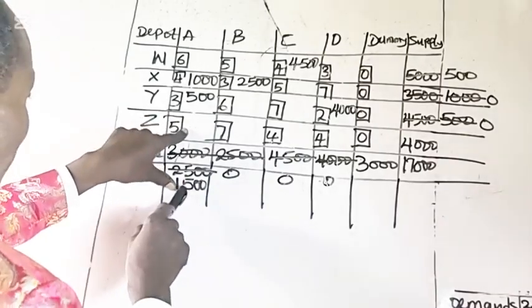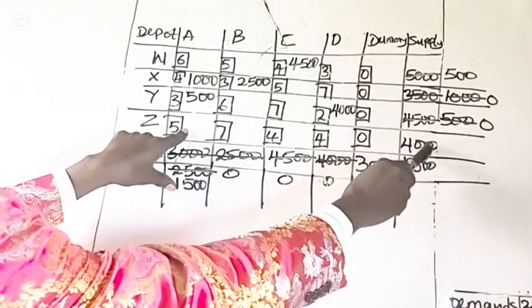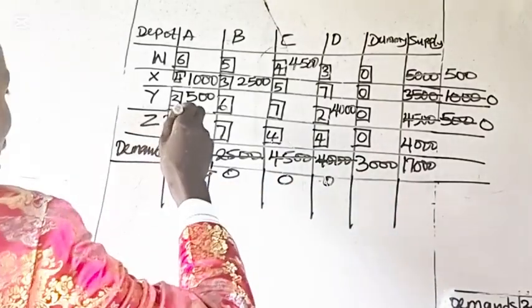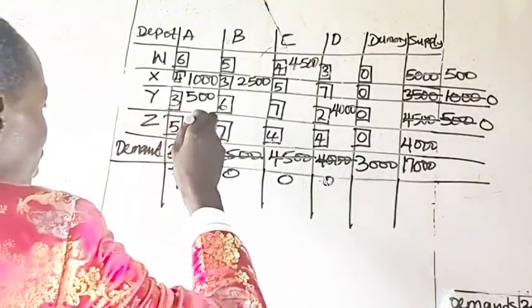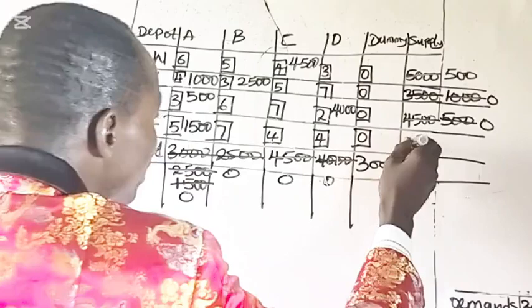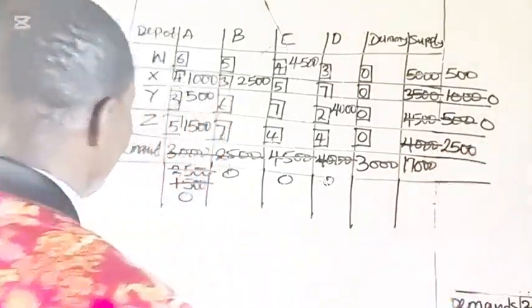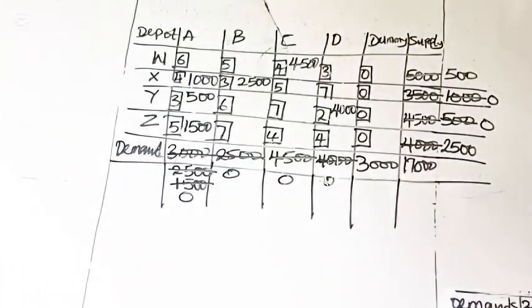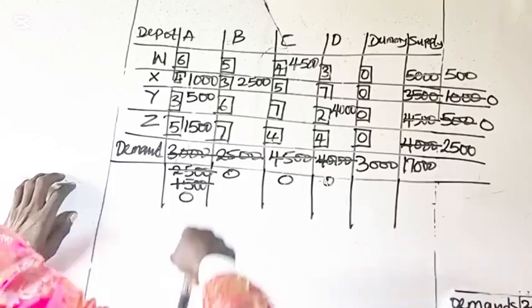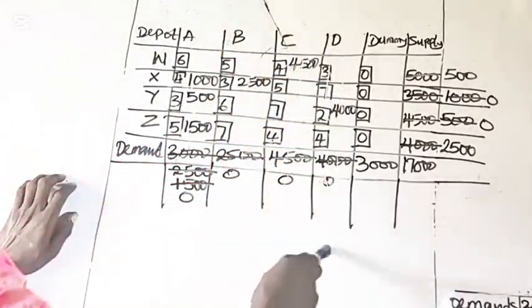You know you have 1,500 here. Then here you still have 4,000. So that means we can give the 1,500 to this. Then this will be left with 0. If 1,500 goes out of 4,000, you'll be left with 2,500. Now, we're done with this column, no further allocation.